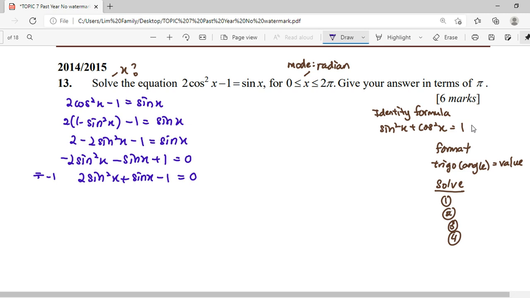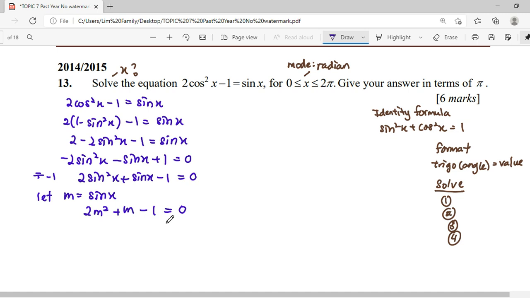If you cannot see this trigo quadratic clearly, we can let m equals to sine x. Then you can see it clearly. This is 2m squared plus m minus 1. So it will be easier for us to see the quadratic if we let it in algebraic form.